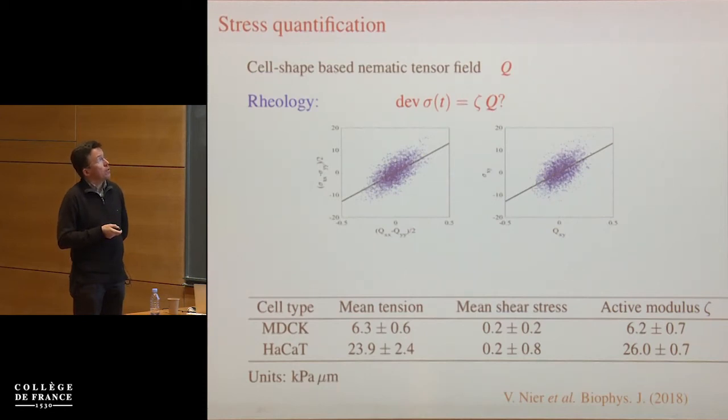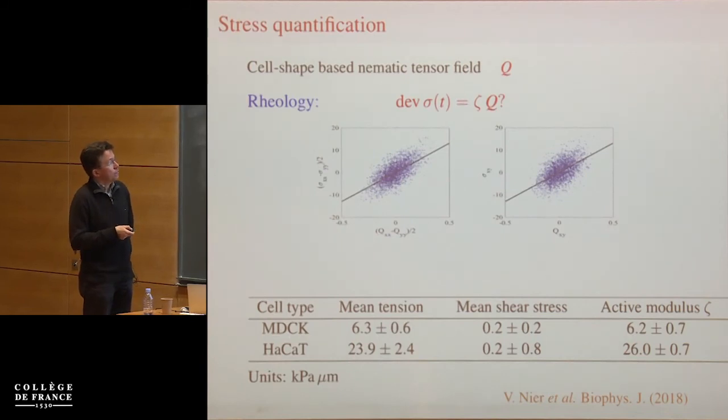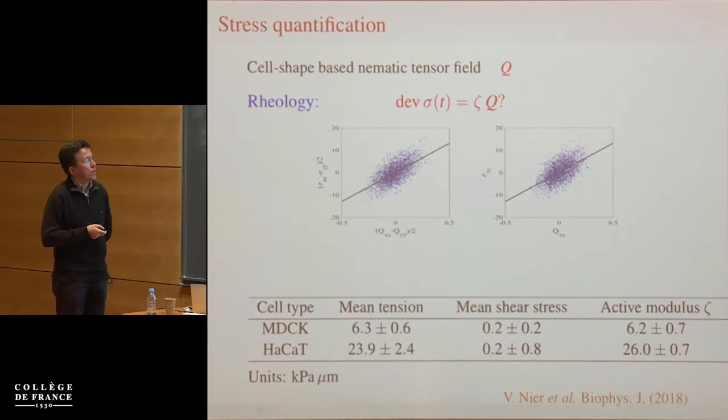And we find a correlation of the order of 0.6. There is still a lot of noise, but the correlation is pretty good. What I would like to emphasize is that the slopes that we can extract from these plots are consistent, which means that the analysis makes sense in a tensor sense. Then, of course, we can do the same for the two cell types. And what we find is that what I call the active modulus, which is nothing but the slope of these linear fits, is much larger for HaCaT cells compared to what we find for MDCK cells.